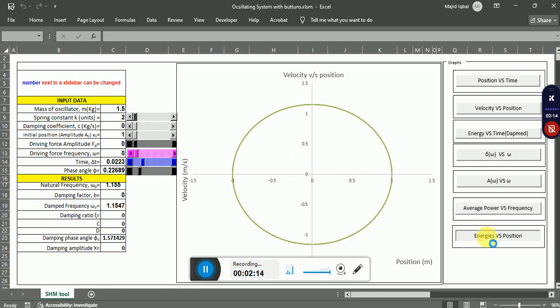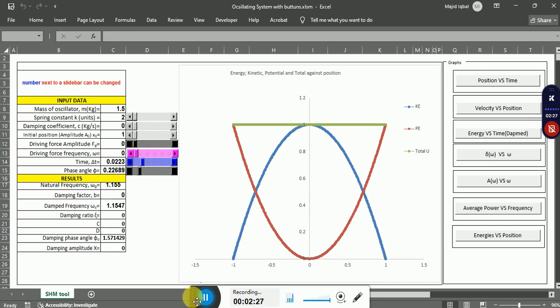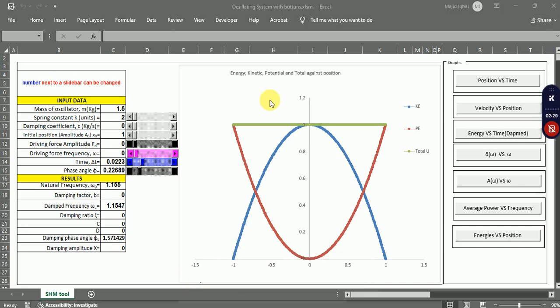You can see this is energy versus position. The total energy remains conserved, which can be seen from a green line, which is constant at each point, and this red curve is actually the potential energy.